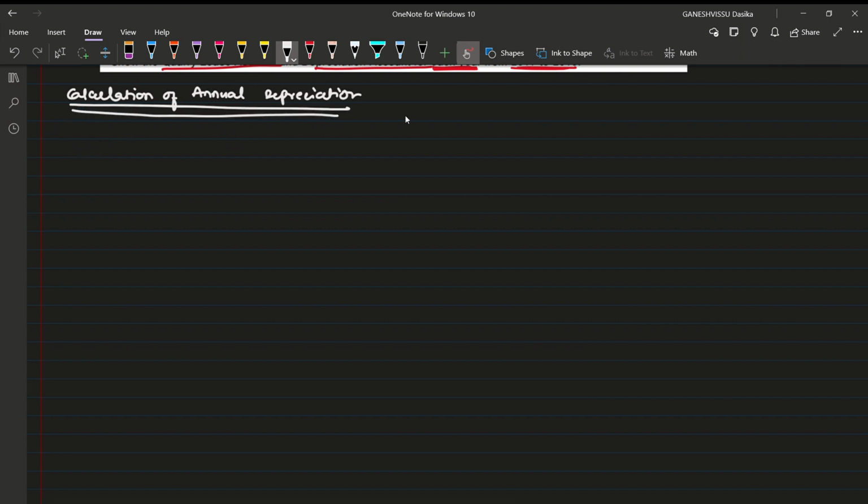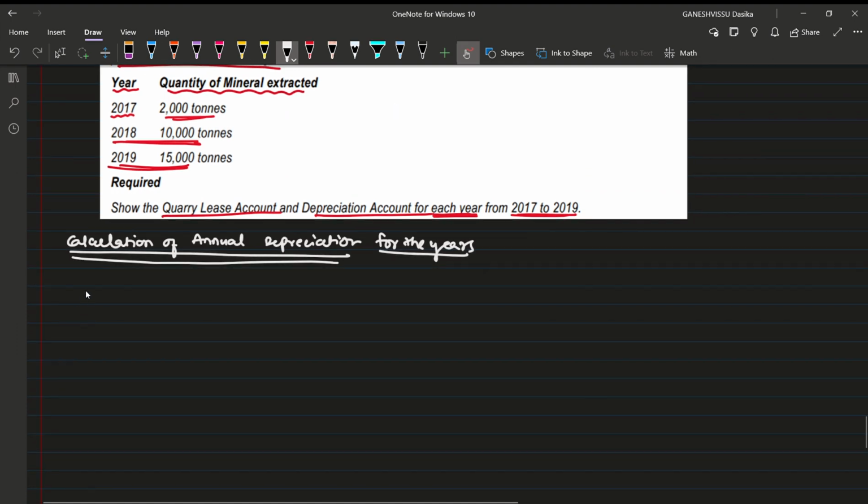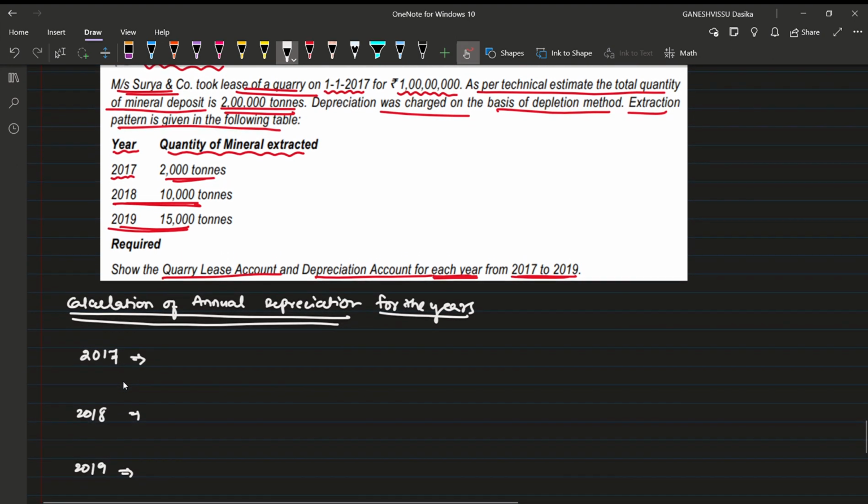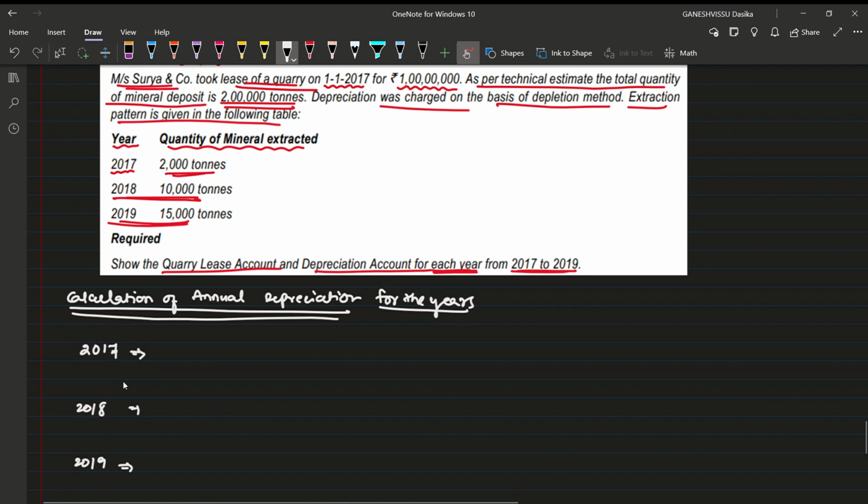Calculation of annual depreciation for the years 2017, 2018 and 2019. So very simple question, no need of any panic. But by seeing the words quarry lease, don't confuse. Of course, this has been removed from the syllabus of the CA, so don't worry, this will not be tested. Even if it is tested, there is no need of worrying.